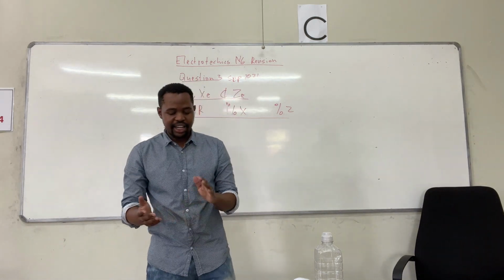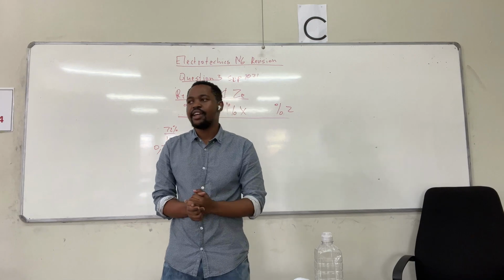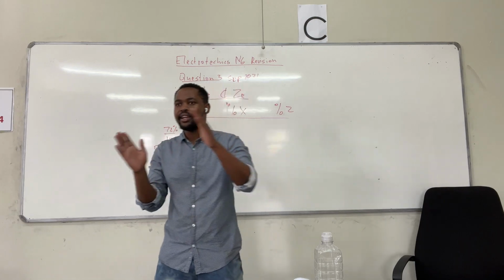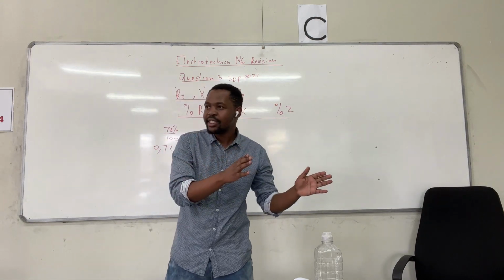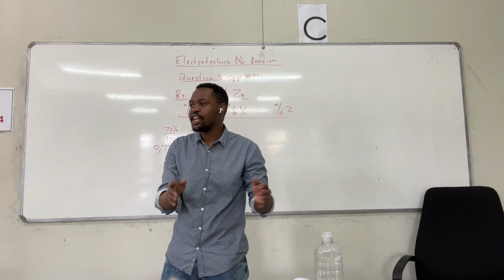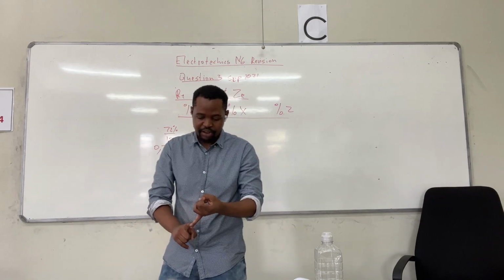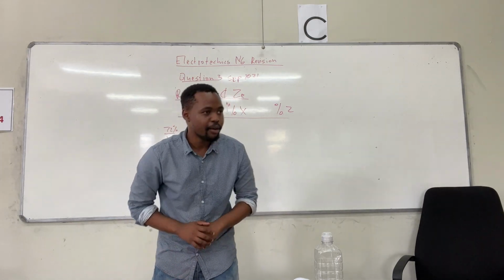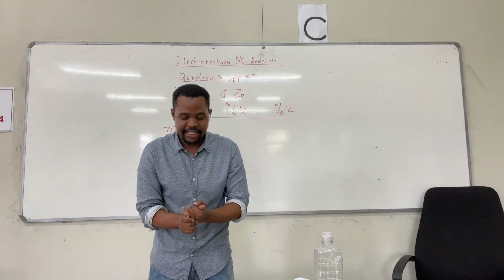So if these values are given in percentage or per unit values, we can use either the primary side or the secondary side to calculate resistance, reactance and impedance.